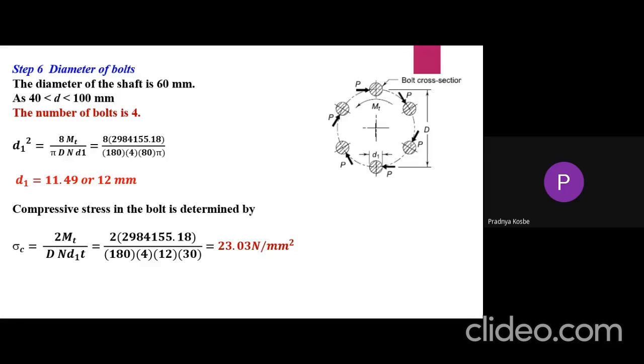So the force P only results in direct shear stress. So tau is equal to P divided by area of the bolt, and that is pi by 4 d1 square. So if we are considering these two, tau is equal to 8mt divided by pi into capital D n d1 square.